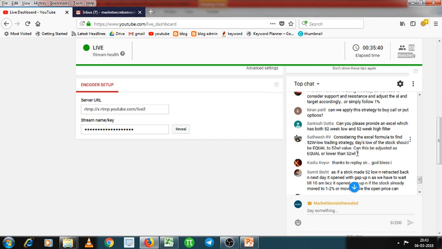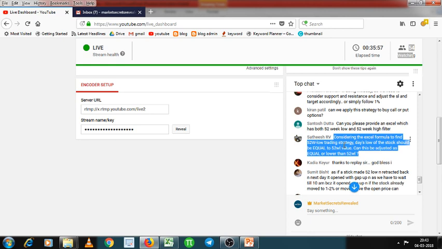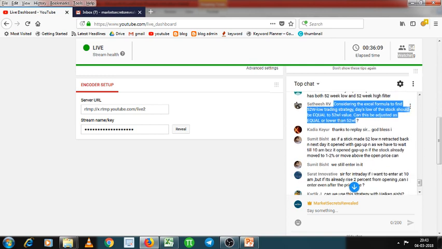So there is no point in changing this filter. Even if you do, it won't make a difference. You can try it on your own, because if a new 52-week low is made today, the low of today will automatically be equal to the 52-week low of that particular stock. So it cannot be lower than the 52-week low. I hope you understand this point. If not, let me know, and I'll explain it again. Okay, thanks.